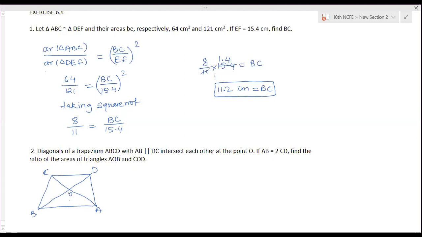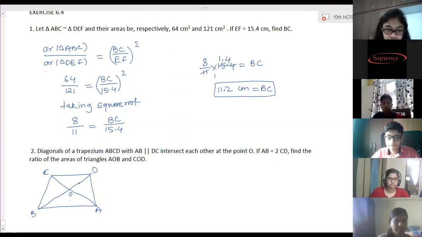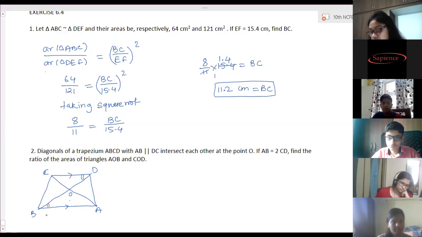So for that we have to show these two triangles similar. Can we prove AOB and COD similar? Yes, ma'am. By AA similarity. We know that this side and this side are parallel. So angle D is equal to angle B and angle C is equal to angle A, alternate interior angles, or you can take vertically opposite angles.